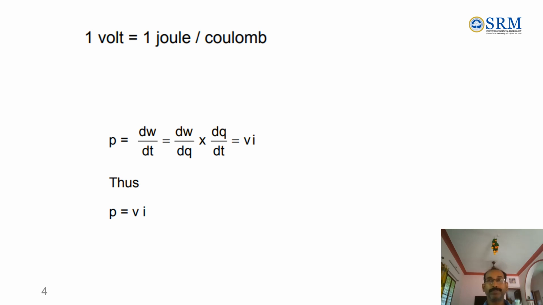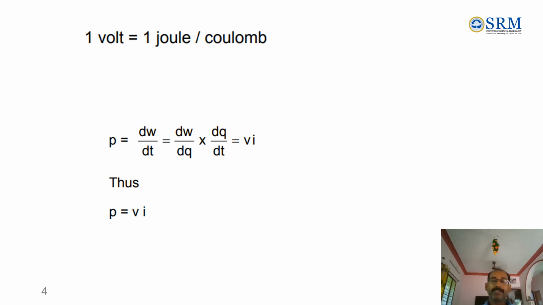Similarly, 1 volt. Volt we usually refer to as the potential difference between 2 points. Current always flows from higher potential to lower potential. 1 volt is equal to 1 joule per 1 coulomb. So the power P you can write as dW by dt, work done in a particular time.